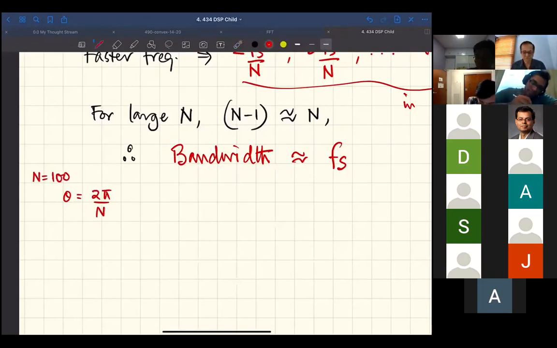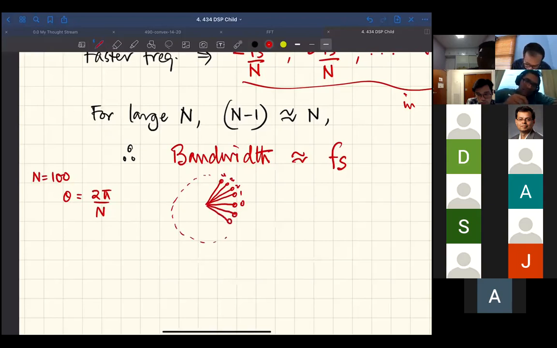That means you're saying when the stick moves at the slowest non-zero frequency, I am going to take 100 samples. So I'm going to do this: 0, 1, 2, 3, 4, and so on, 98, 99.